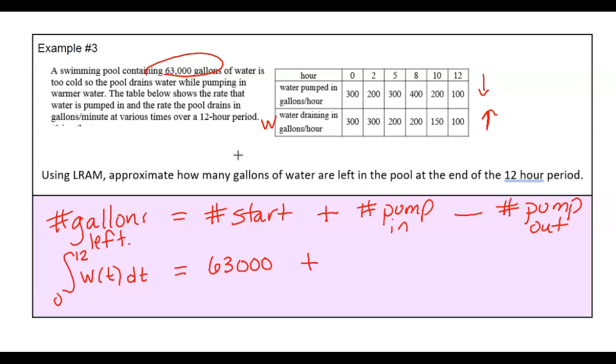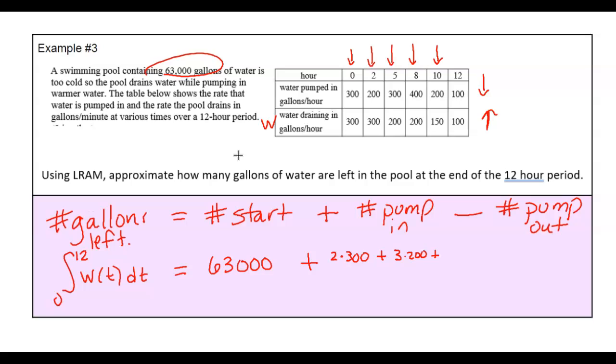And then plus, well, the amount pumped in, okay? So the amount pumped in, we're going to use the top part. So if we want to use LRAM, let's try this without. So we're going to use all the values on the left because I wouldn't use that 12. So we've got length times width. So my length from 0 to 2 is 2 times the height is the 300. Plus from 2 to 5, that's 3 wide times its height is the one on the left, 200.